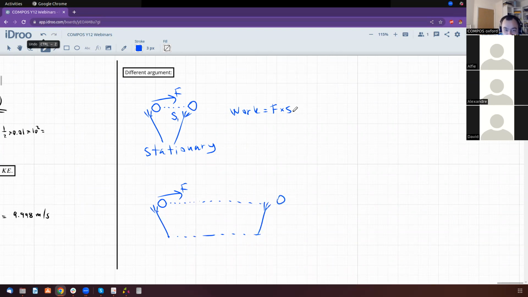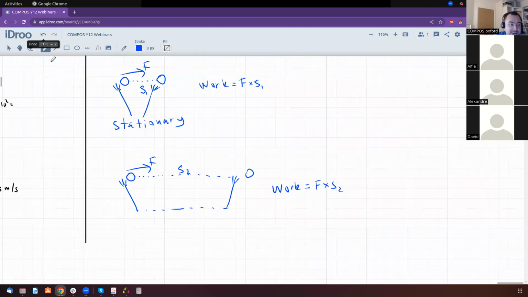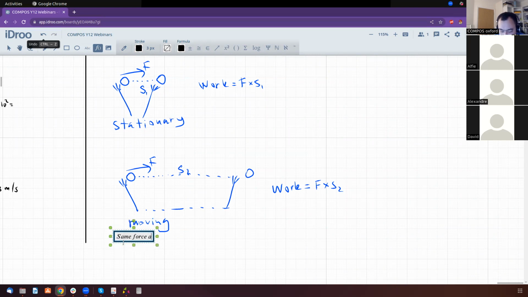So that's S1, and this is S2. So S2 is the distance you throw the ball plus the distance you yourself have traveled. So the force is applied over a bigger distance. So the work is force times S2. It's the same force applied over a longer distance.